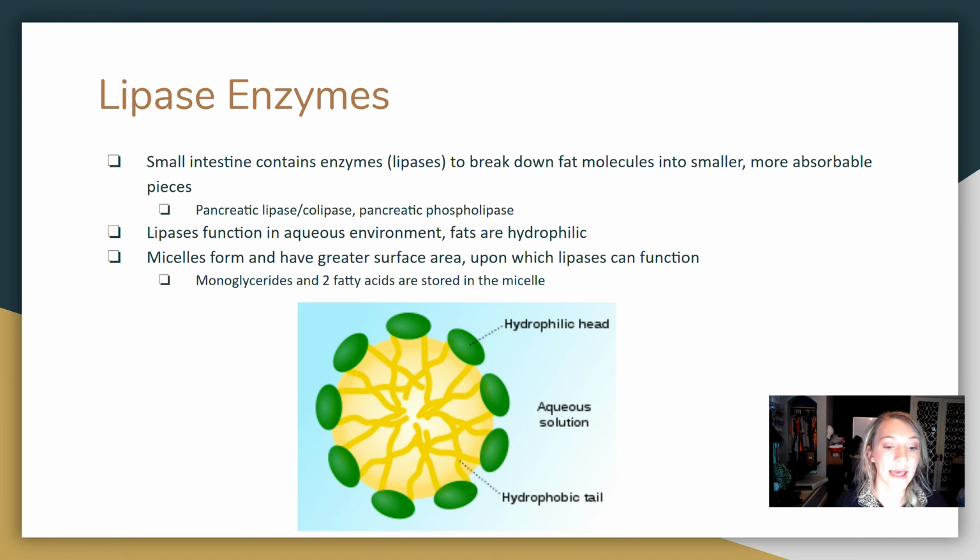The hydrophilic heads are on the outside and the hydrophobic tails are on the inside. These micelles form and have greater surface area upon which lipases can function. This micelle is made of monoglycerides and 2 fatty acids.